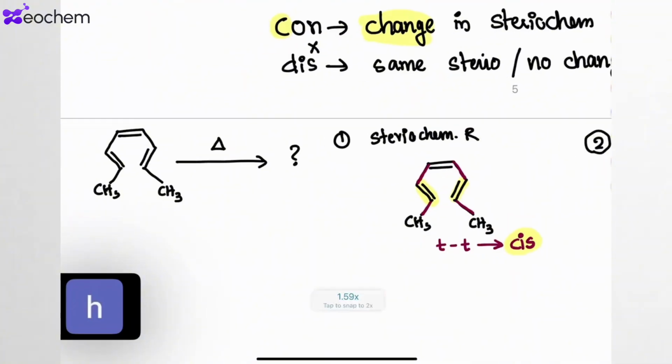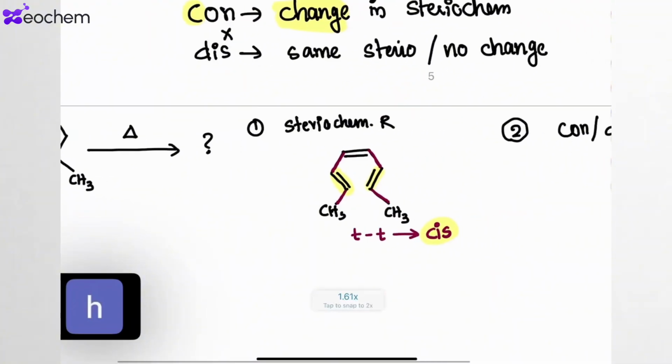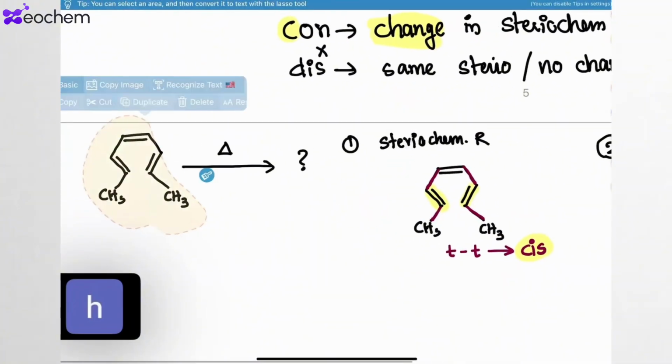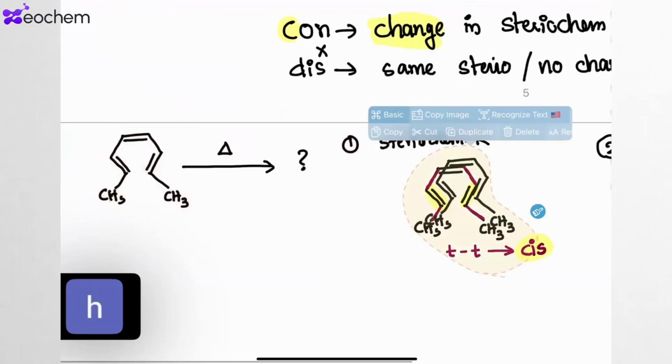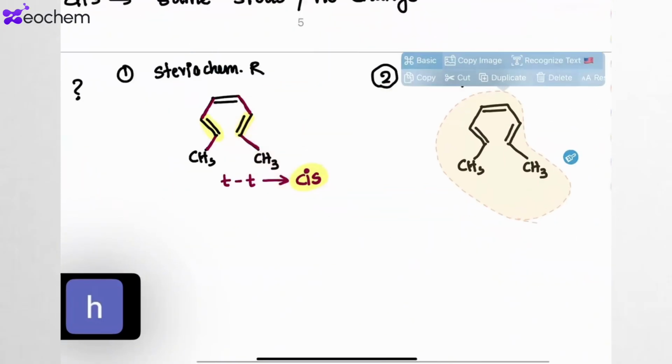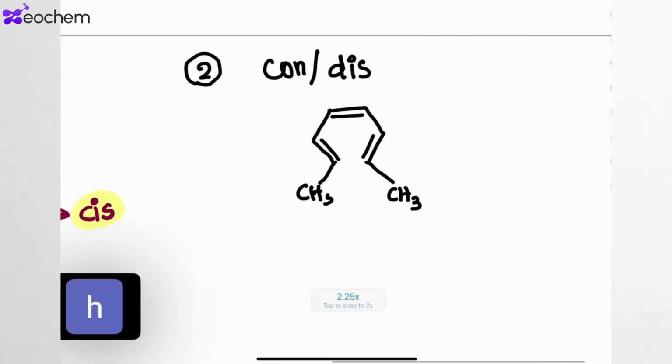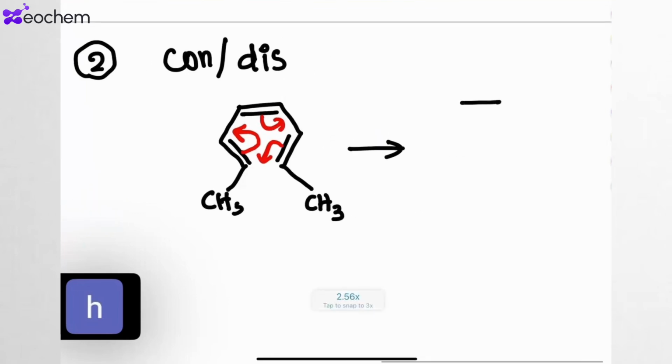Suppose this molecule is participating in an electrocyclic reaction. How will the reaction proceed? This will move here, this will move to here, this will move to here. So the product will be, here one new bond will form, here also one bond will form, here also one bond will form.